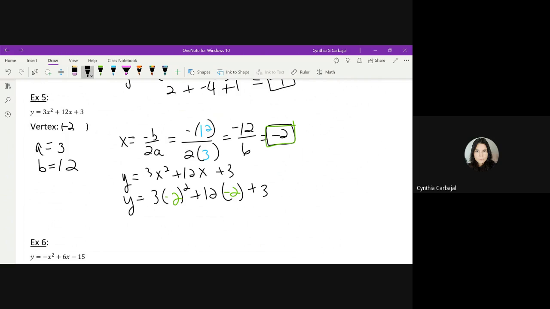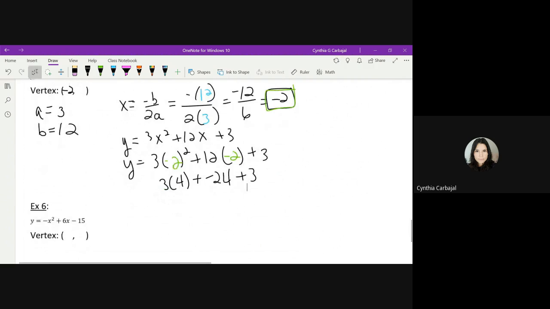So the math, that's going to be 3 times 4. Negative 2 squared is 4. And then 12 times negative 2 would be negative 24 plus 3. 3 times 4 is 12. That's going to be negative 24. So altogether, 12 minus 24 is negative 12, plus 3 would be negative 9. So that's the y value of our vertex.